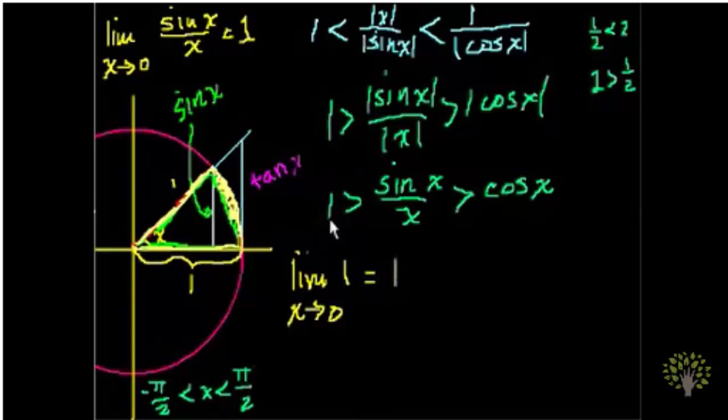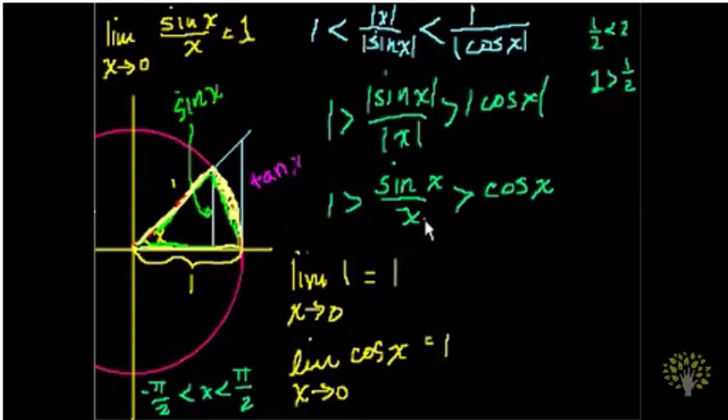And then what is the limit as x approaches 0 of cosine of x? Well, that's easy too. Cosine of 0 is just 1. It's a continuous function, so the limit is 1. So we are ready to use the squeeze theorem.